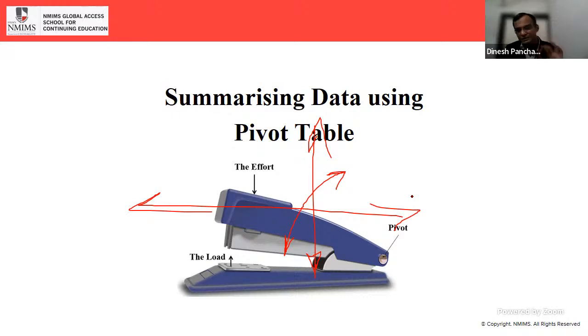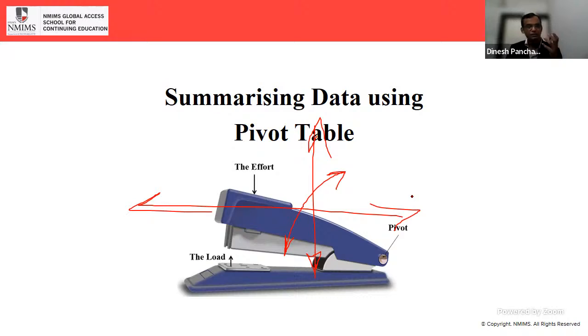Same way in Excel, when you use the pivot table, the data will be constrained. That means you will not have the freedom to look at the whole data. I repeat, once you put a pivot table, that pivot is going to constrain the data. In what sense?